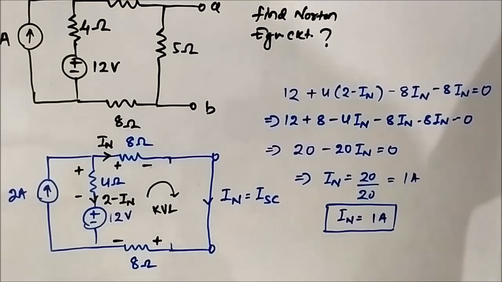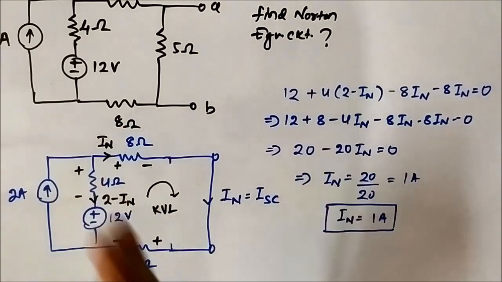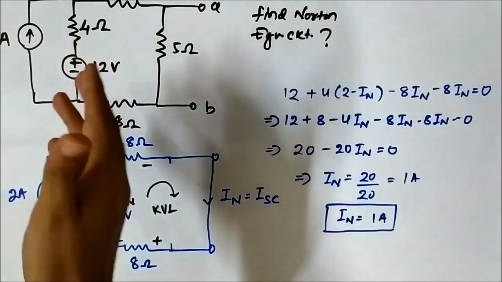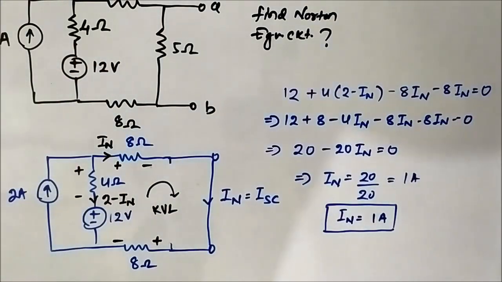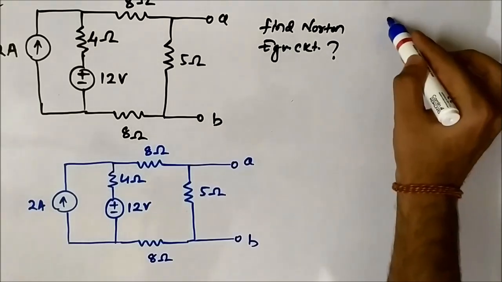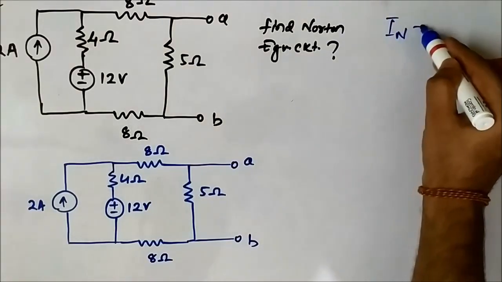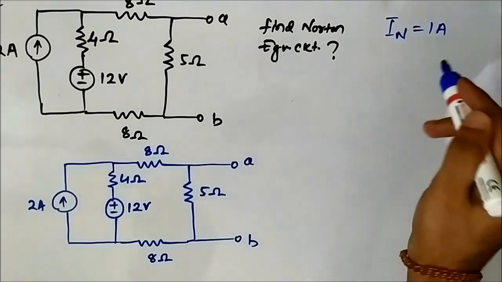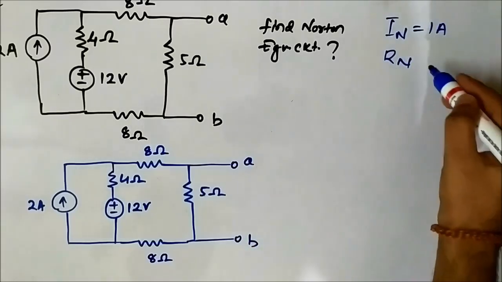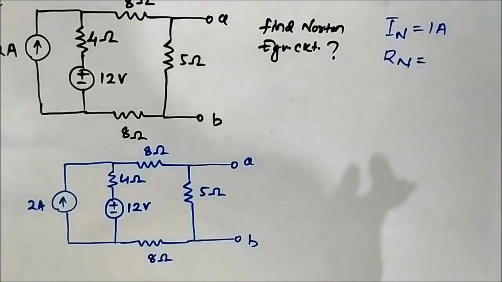We have got IN. Now we have to determine the equivalent resistance across these 2 points, deactivating the independent sources. We have calculated the Norton current, which was IN equal to 1 ampere. Now we have to determine the Norton resistance, or the equivalent resistance across these 2 points. This is the same procedure we followed in the Thevenin equivalent circuit.